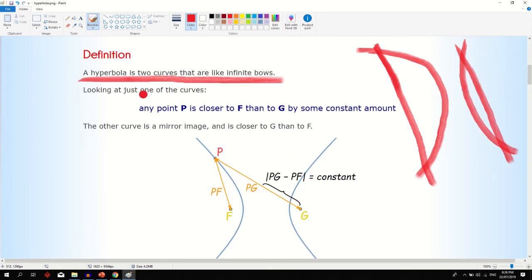Looking at just one of the curves, any point P is closer to F than to G by some constant amount.